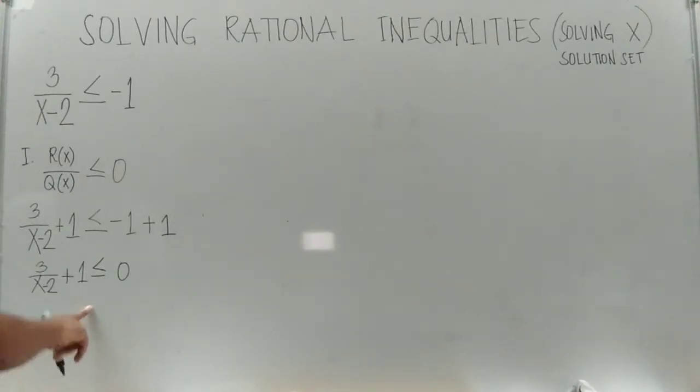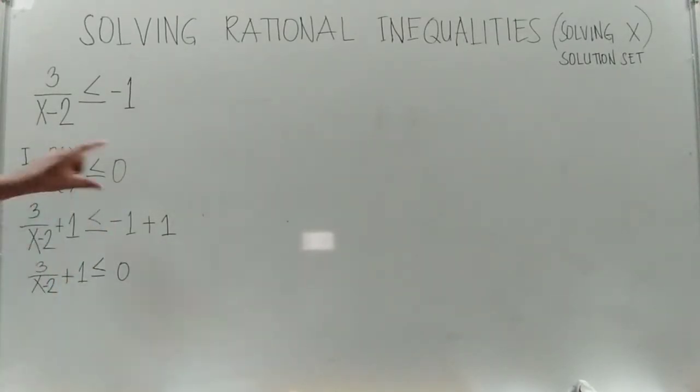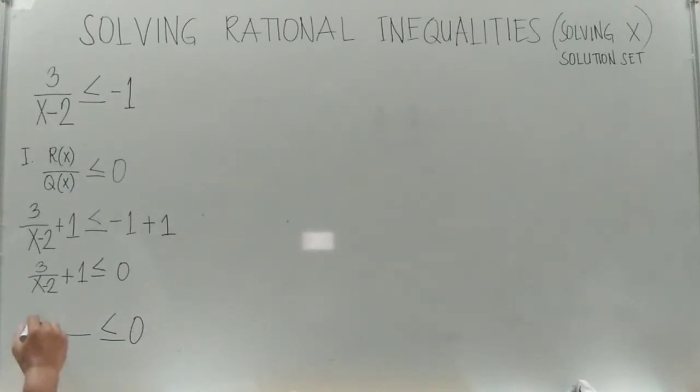After making your inequality 0 on the other side, we will operate and simplify it to make it a single expression on the other side, such as this. Simplifying means that we will make it a single expression. So we will have this one.